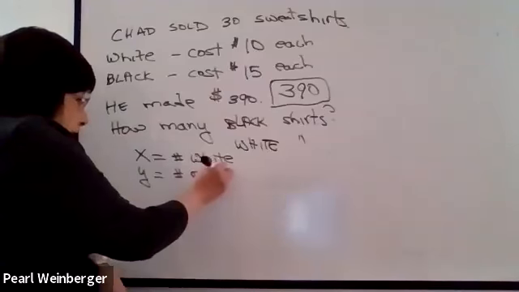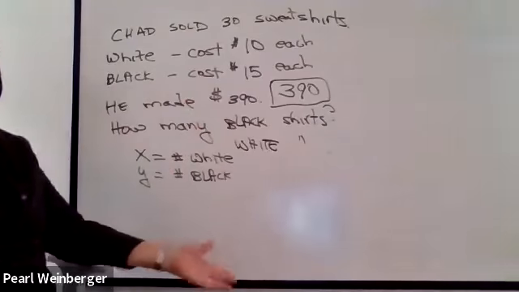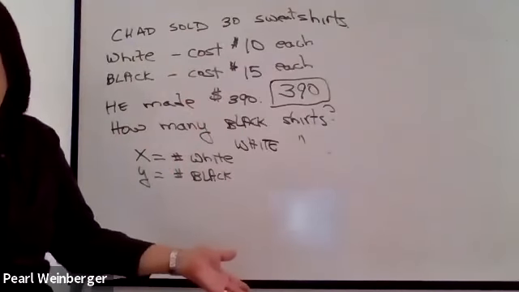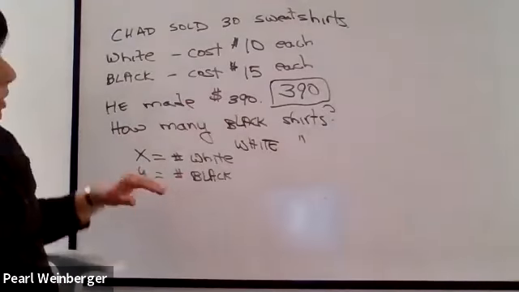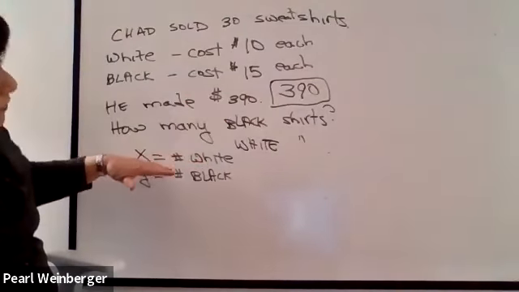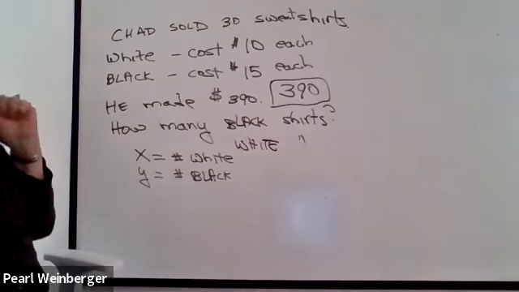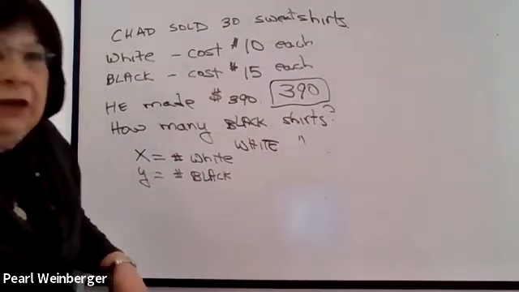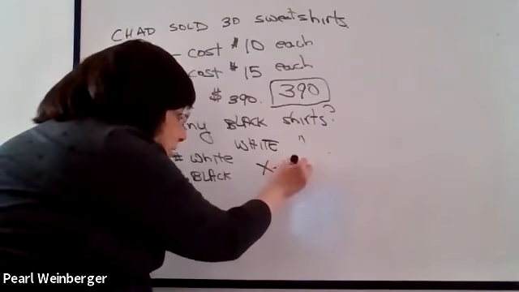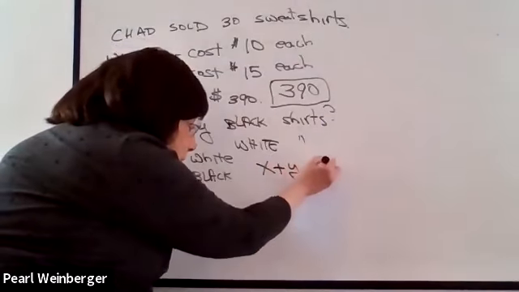So it's not enough to say white shirts because there are a lot of features on white shirts. It could be how long the arms are. I don't know. So we very specifically are saying X is the number of white shirts and Y is the number of black shirts. Okay. Now you can write, what was your first equation? X plus y equals 30. Right. And why did you do that?